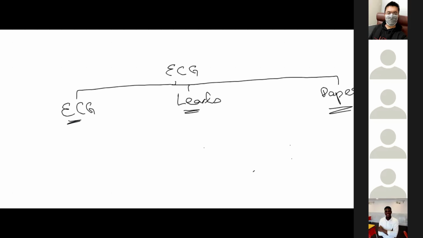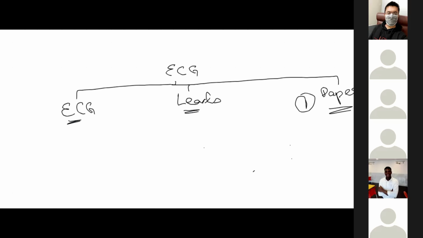I will start with the paper first. Why is it important? It is important because for most abnormalities, we have to know what's going on regarding the time. Let's start with the paper. It's a simple graph paper.